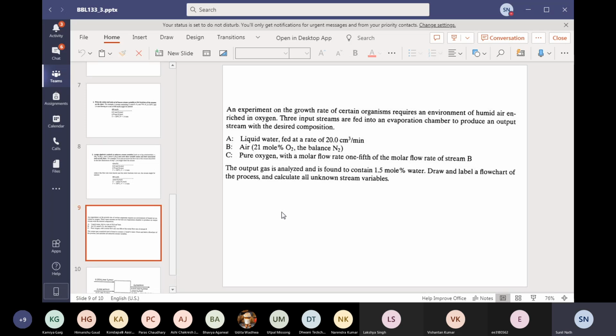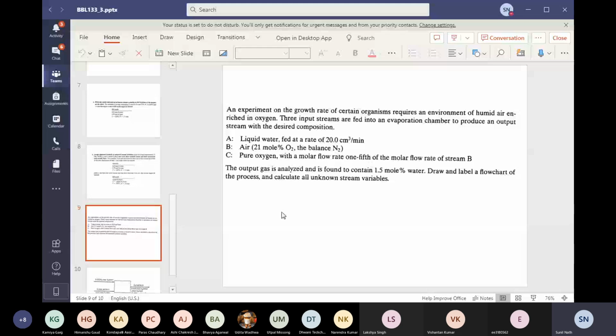So the problem is very simple. Normally you can add complexity to that also, but here only one stream of the output gas is exiting the humidification chamber, right? It's only one stream exiting. So now label those 3 streams that are going in and the one stream that is going out, just like you have done earlier.